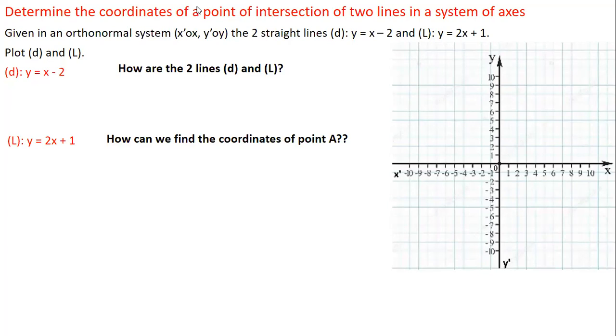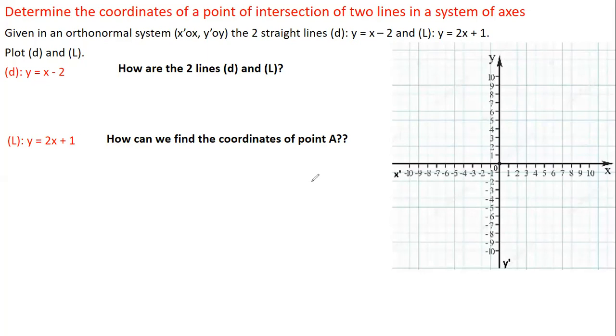Okay, guys. Before I start with this part of the lesson, I want to show you something. We know that when we talk about straight lines, they might be parallel to each other, they might be perpendicular to each other, and they might be intersecting lines.